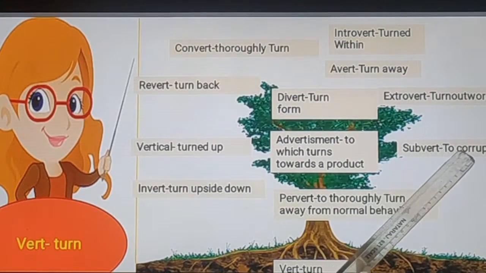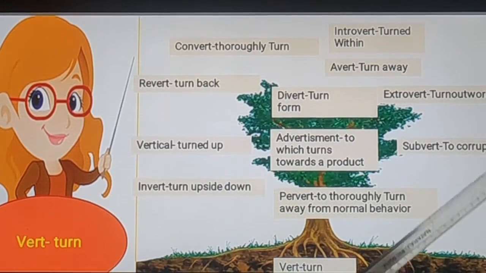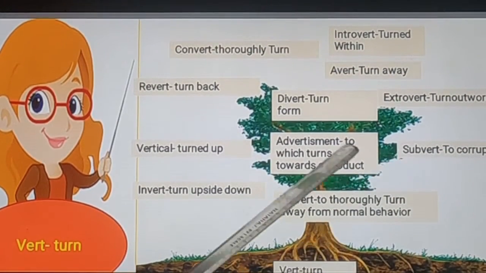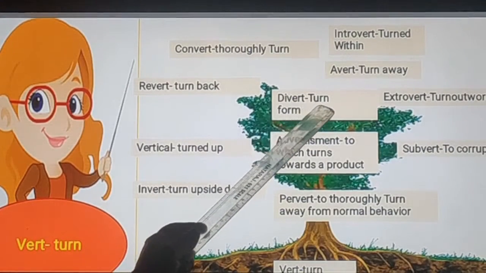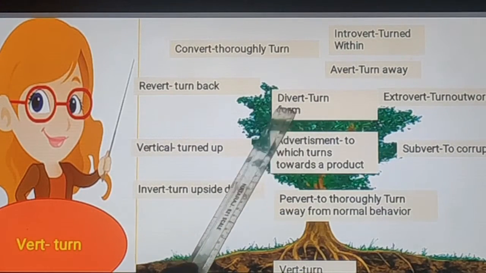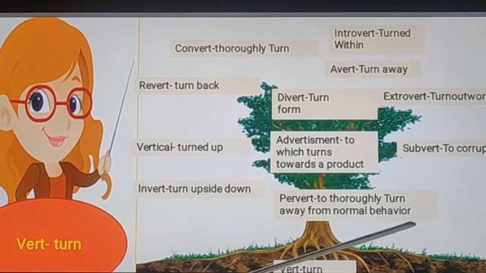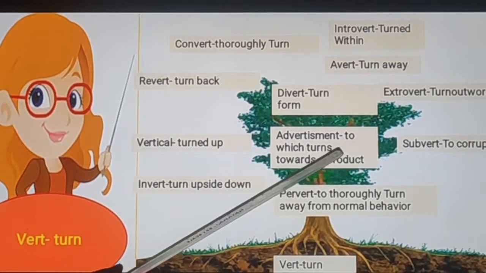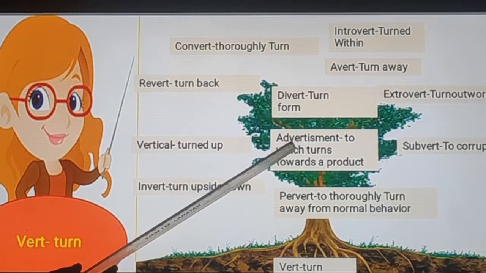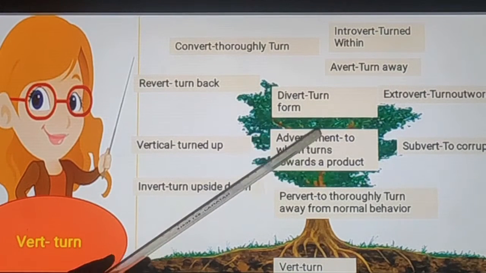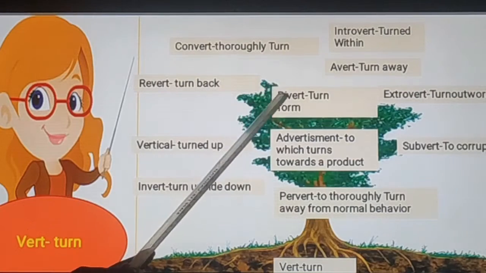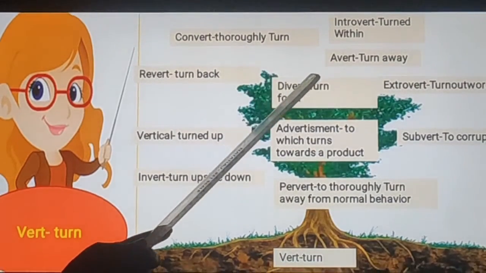Subvert means to corrupt. And divert. Divert means turn from. We have to divert one thought to another thought, we have to change immediately. That is called divert.